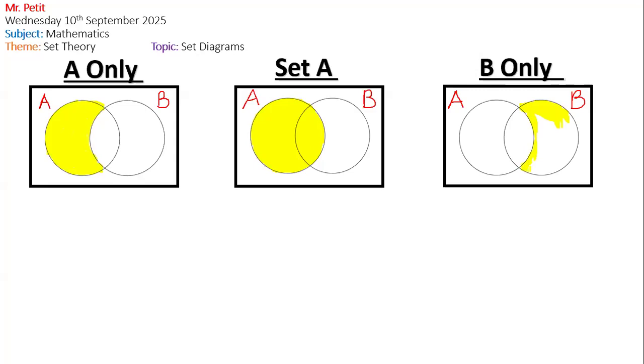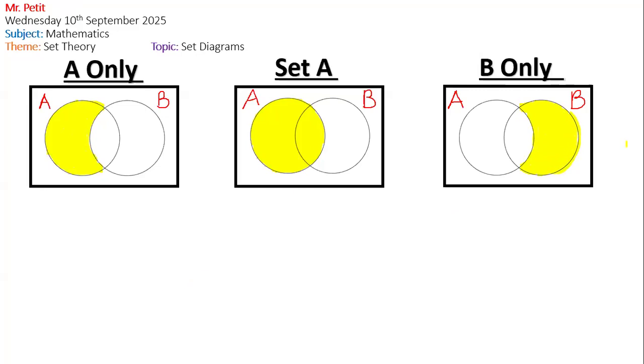Shading all of this. Okay, good. Oh boy, I wasn't supposed to shade in that last part, but okay, that's good enough.